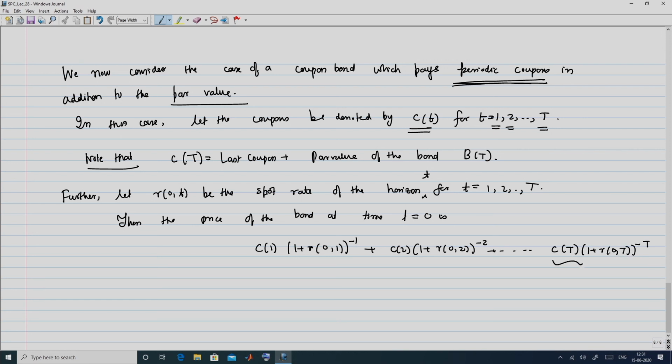So, this is essentially what you had seen in case of the 0 coupon bond, and this entire sum is going to be equal to B(0), and this is, in the compact form, the summation of C(t) into (1 + R(0, t)) raised to minus t, t equal to 1 to capital T.